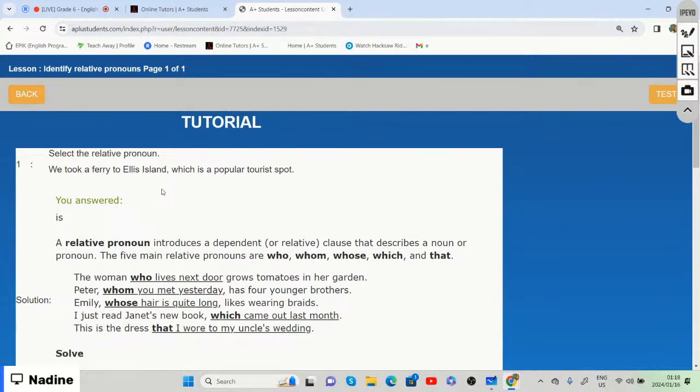So it says a relative pronoun introduces a dependent or relative clause that describes a noun or pronoun. And we say that the five main relative pronouns are who, whom, whose, which, and that.